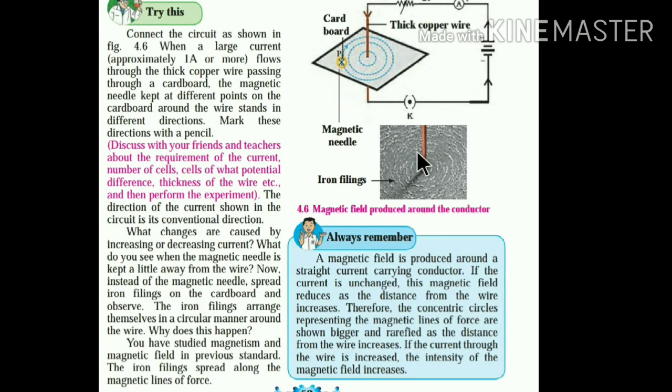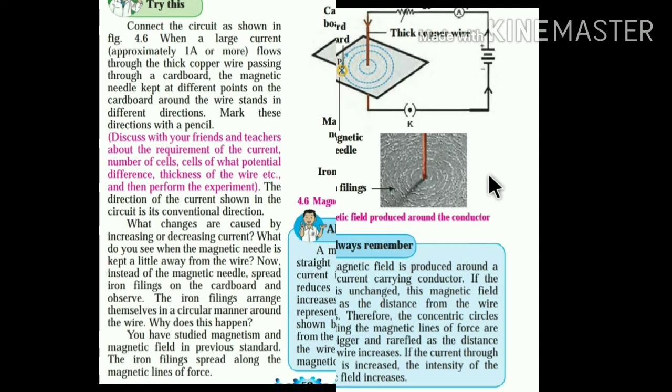These concentric circles representing the magnetic lines of force are bigger and the field is rare, as the distance from the wire increases. If the current through the wire is increased, the intensity of the magnetic field also increases. So you can do this experiment in your home also and observe the observations.